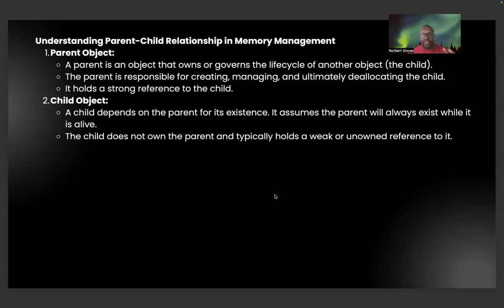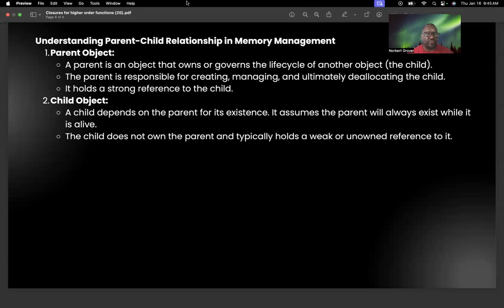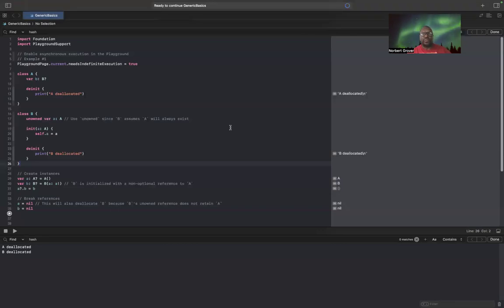Now, let's go back to the code. So let's look at this code again, okay? We need to decide which one is the child. Of course, now we know that B is the child, because we made it the unowned property.